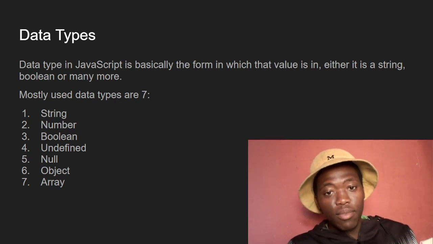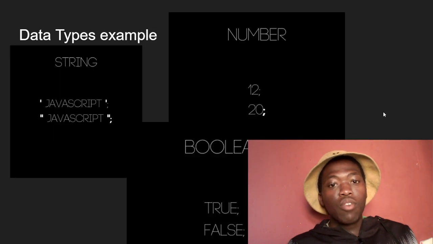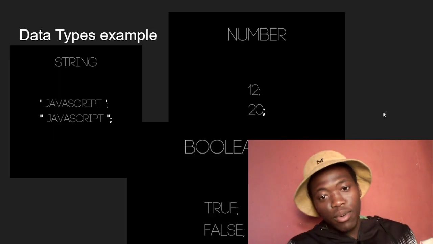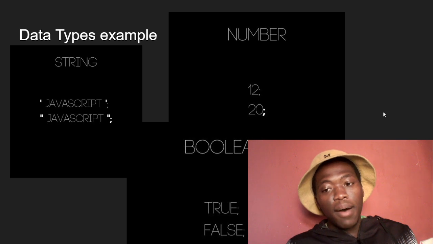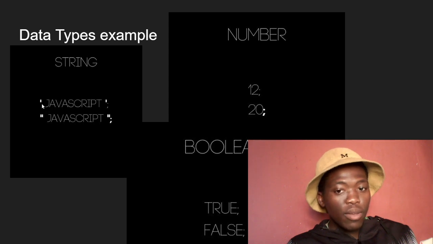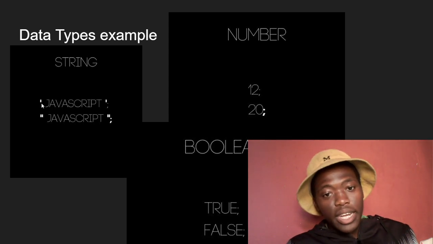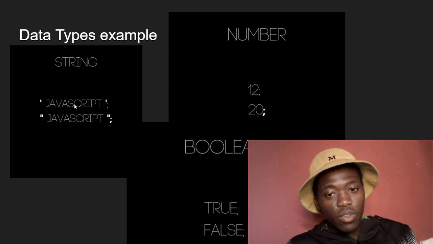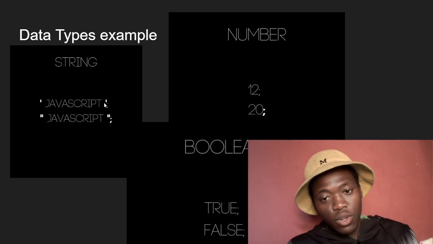So in this data types example, we've got a string, right? A string can be identified as long as you have quotes. It doesn't matter which quotes, either a single quote ending with also a single quote, right?